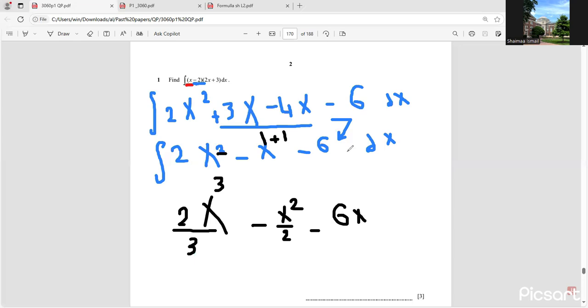It is an indefinite integral, so we have to add the constant, plus c. That is the final answer. You have to write it, and we did it. Let's see the next.